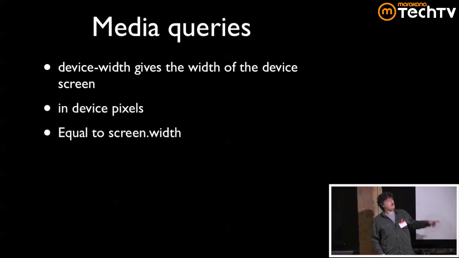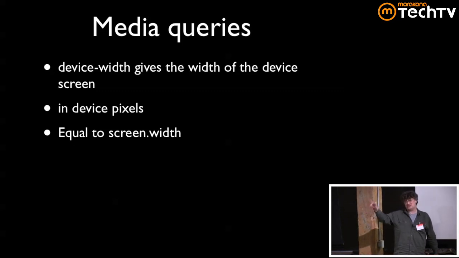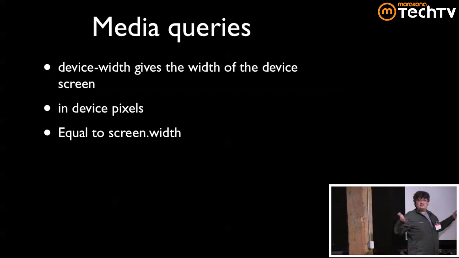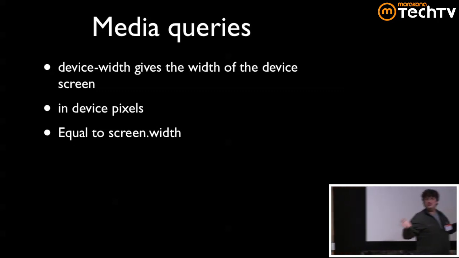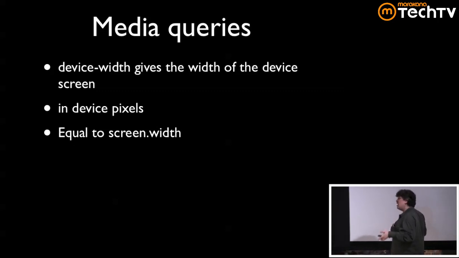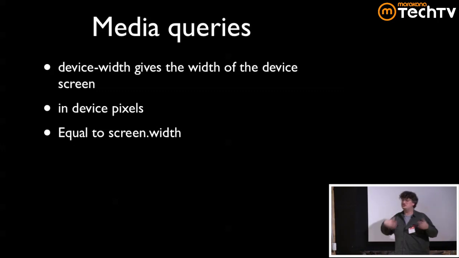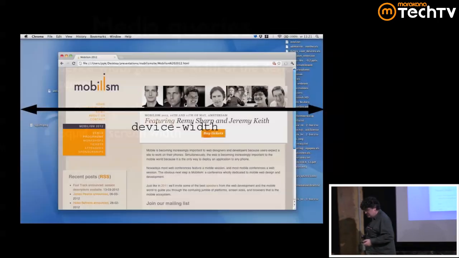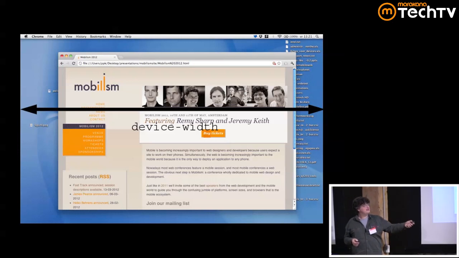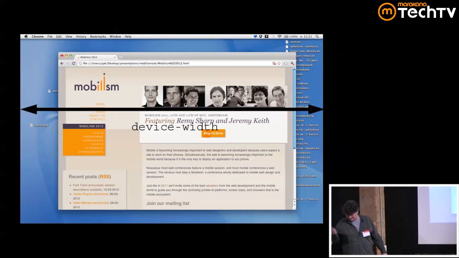And in fact, on all browsers I tested, and that's quite a few, it's equal to screen.width. But as we saw just now, screen.width is not really important. We do not need to know the width of the screen in device pixels. We don't care. We want to know how wide the browser window is, or alternatively, how wide the visual viewport is. So this is the device width media query on desktop, and it gives you the complete width of your screen, well, whatever.